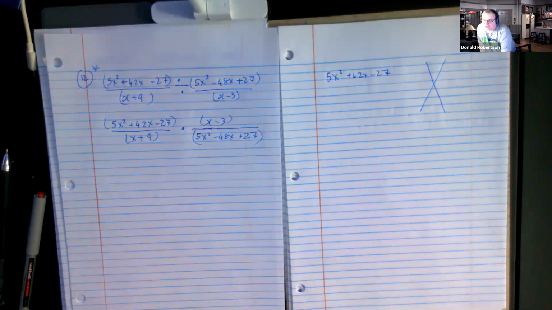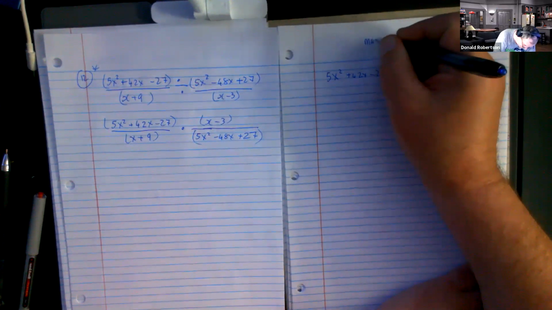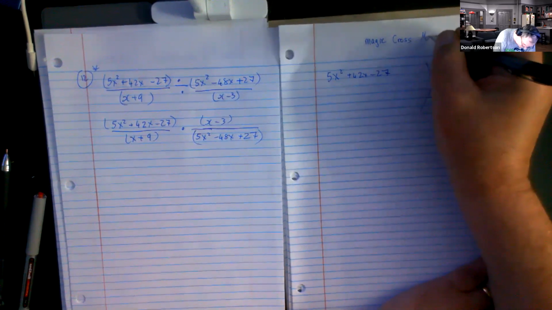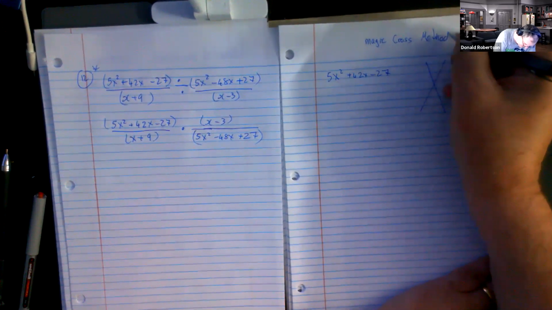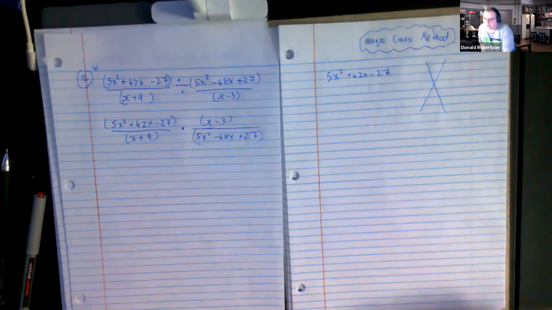I'll give you 2 minutes to see if you can find out how to do the magic cross method. Because if I just tell you, it won't stick as much. But if you go and find it, you'll probably remember it better for the next time.